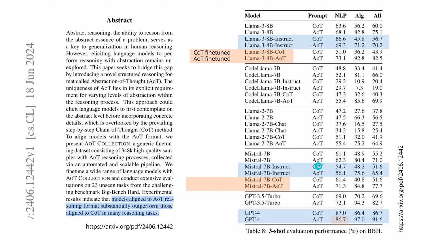Now, same more or less with the Mistral 7B. If we look at the AOT, 62, 56, you see the instruction is not so powerful if you have COT or AOT prompt structures. Keep this in mind, go with only the pre-trained model.